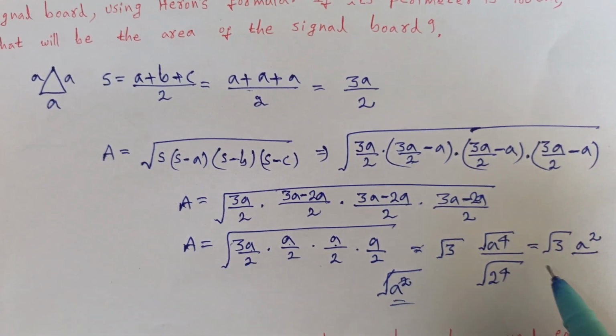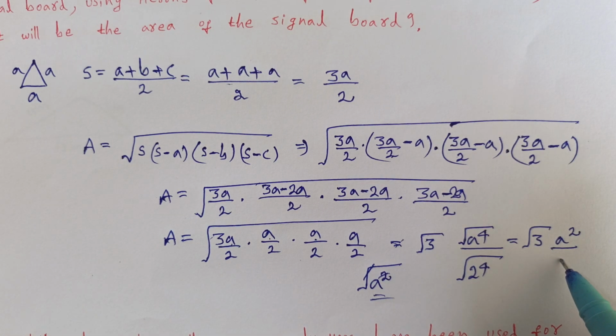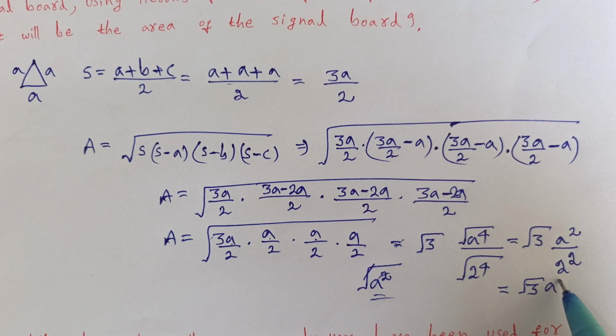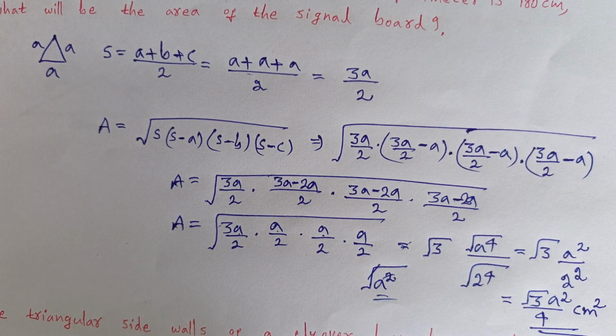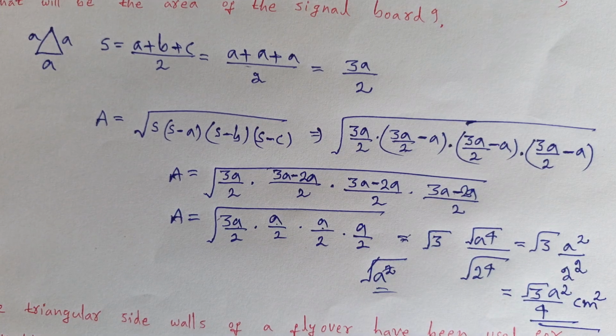Similarly 2 power 4 gives 2 square in the denominator. 2 square means 4. So the area is root 3 into a square divided by 4, and the units are centimeter square because this is area. So this is the first answer.